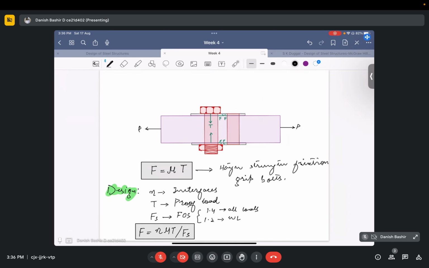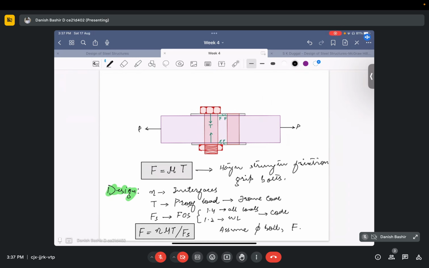So how do you design this? T is taken from the code, and if we assume the diameter of the bolt, we can calculate F. That is how we determine the friction strength of the high strength friction grip bolts.